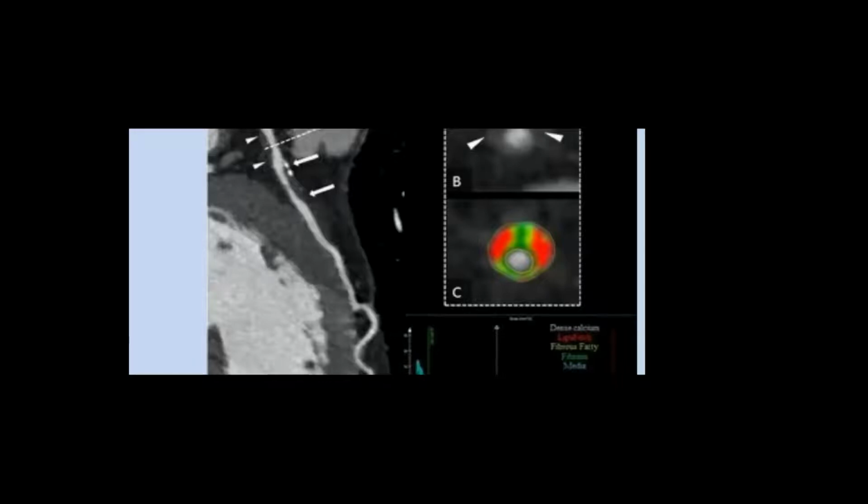Simply, I do this one. Let's say this part, I will see the diameter from here to here, and I compare it to a reference segment up there, normal segment, which is here. If the remodeling index is more than 1.05, it means I have positive remodeling. Positive remodeling is a sign of vulnerable plaque.